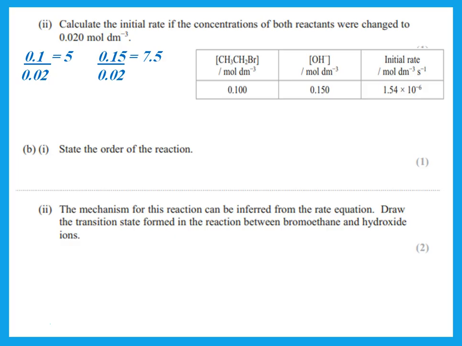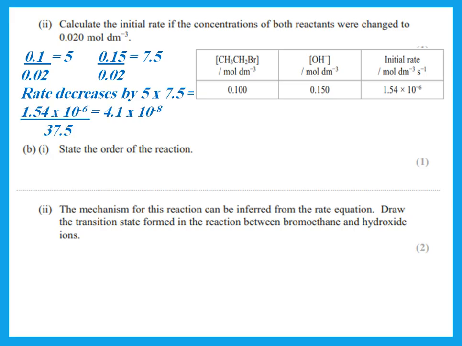Now the hydroxide, instead of 0.15, I'm going to make it 0.02. So that means I'm decreasing it 7.5 times. So what happens to the rate? It decreases by a total of 5 times 7.5, which is 37.5, and that gives me a value for the rate. Are we following? Okay.